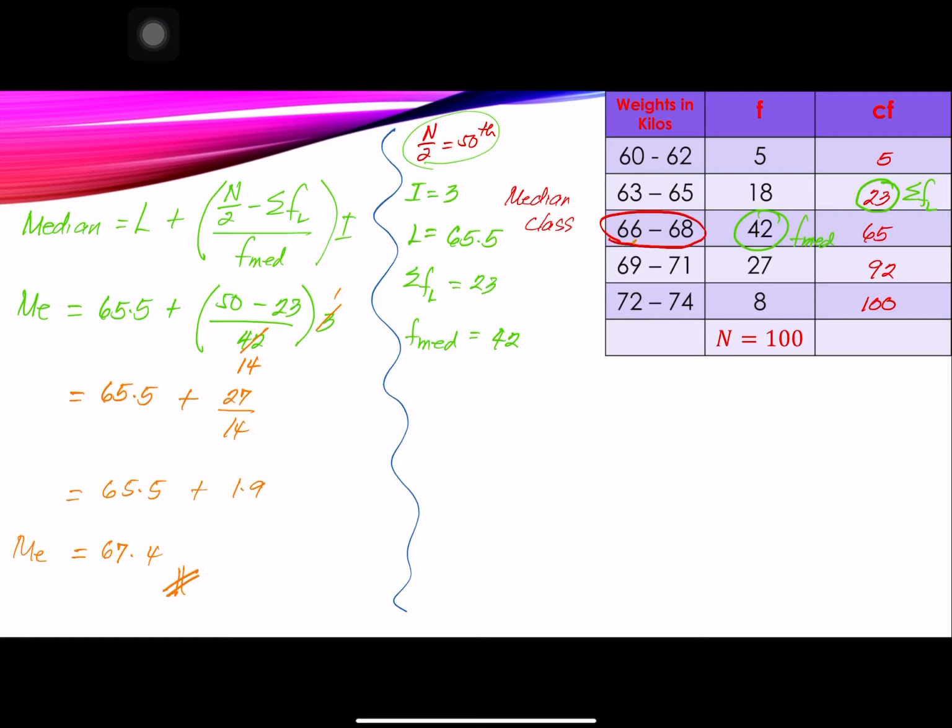Then let's have the mode of our grouped data. When you say mode, that is the observation with the most or the maximum frequency. And that is for ungrouped, but what about for grouped data?